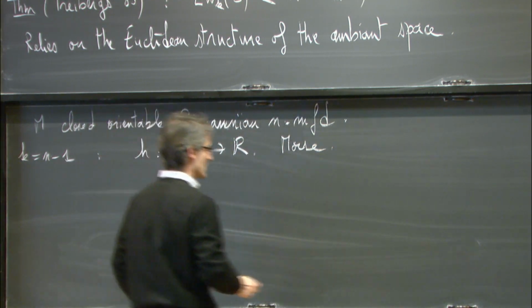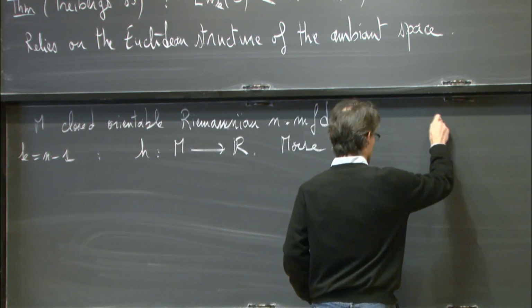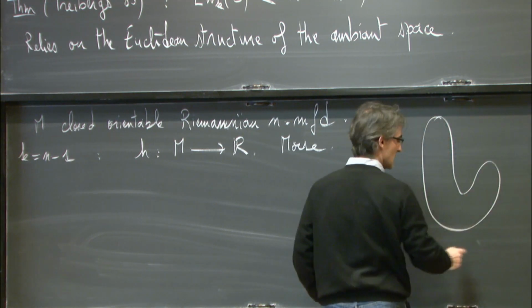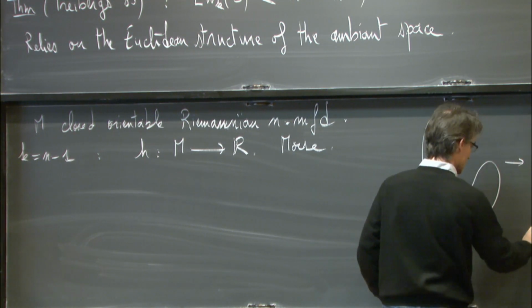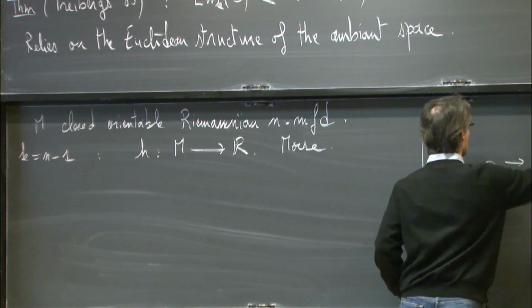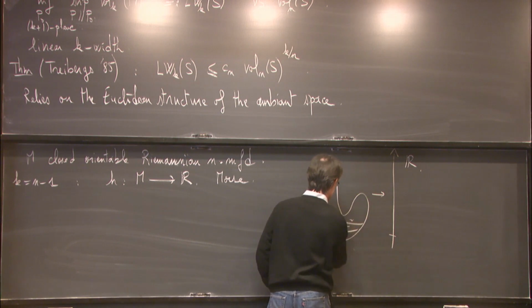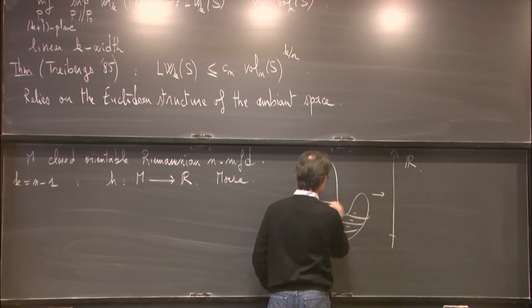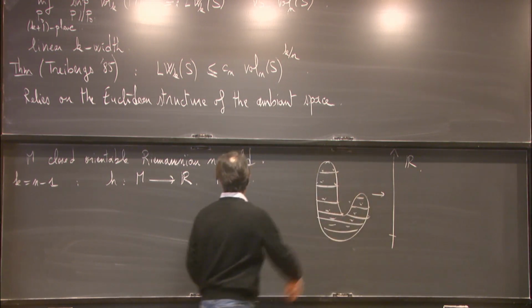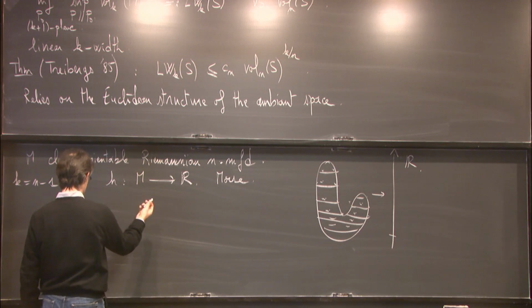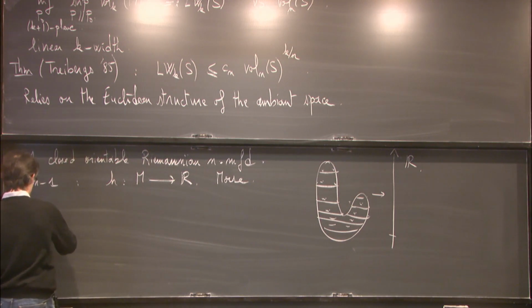We have this picture: that's our manifold, that's R, and you look at the level sets. You see, it can be disconnected.